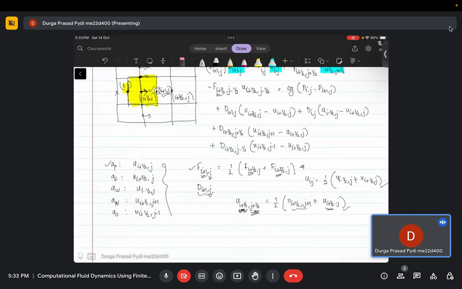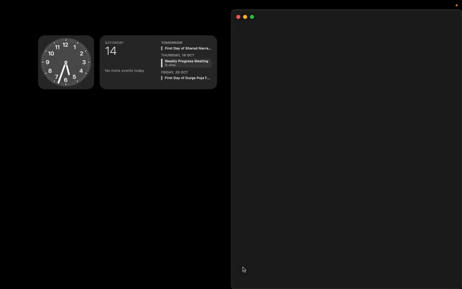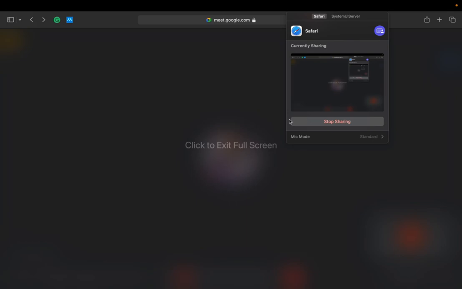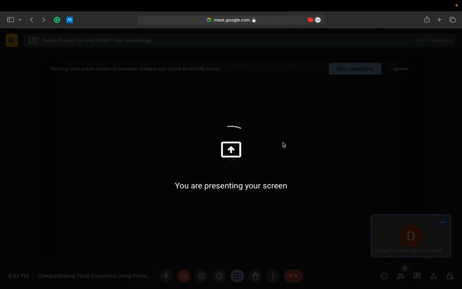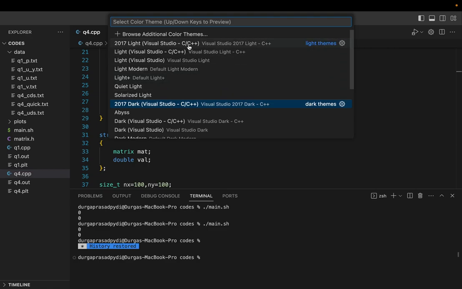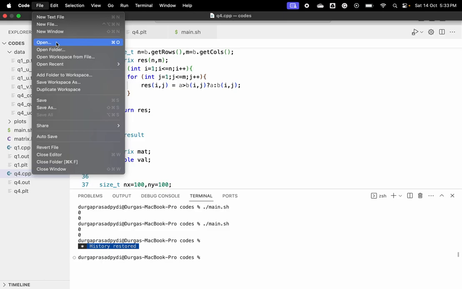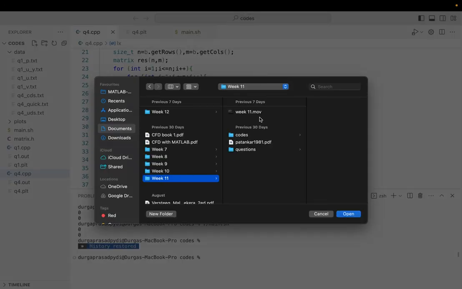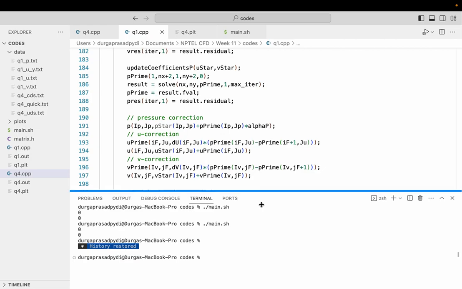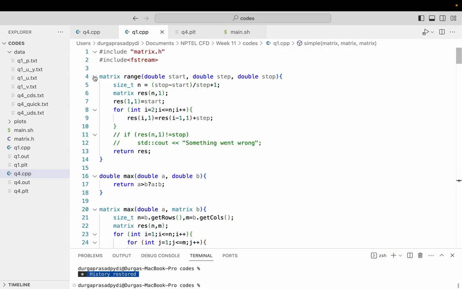So now we'll go through the code to see how it is actually implemented. These are some helper functions which we will not go through.